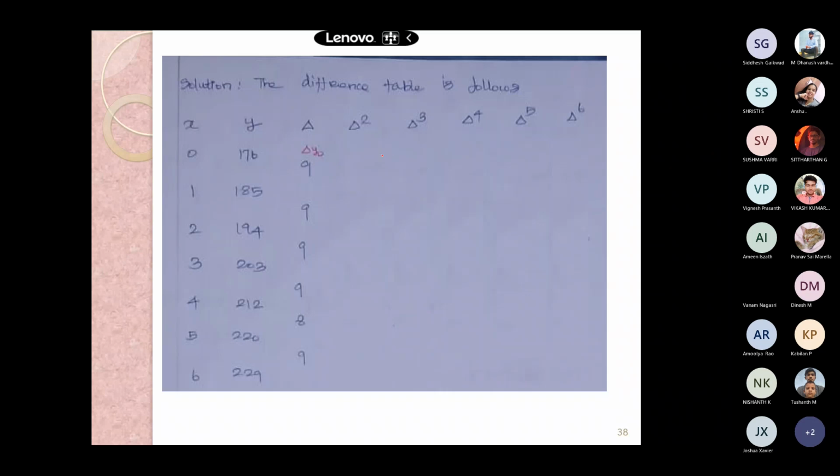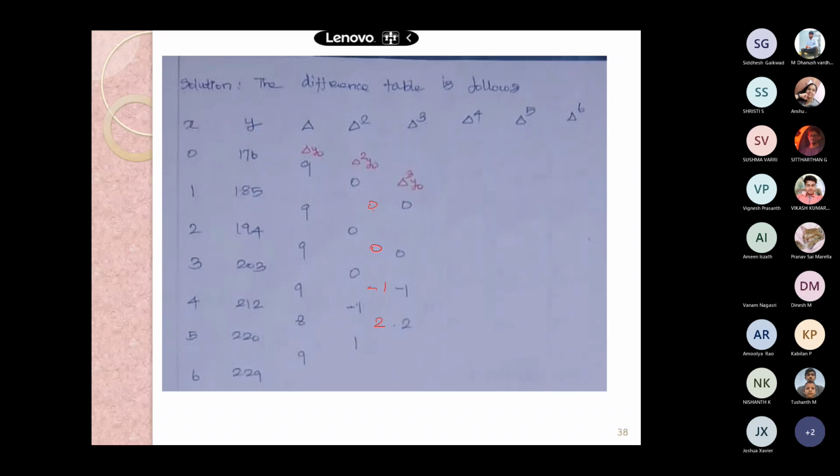Obviously this is 0, this is also 0, and this is 0, and here 8 minus 9 is minus 1, and then 9 minus 8 is 1. Continuing with the third difference: this is again 0 and again 0, then minus 1 minus 0 is minus 1, and 1 minus of minus 1 is 2.